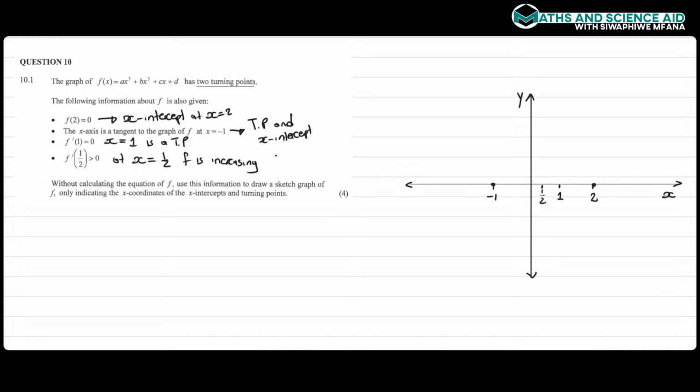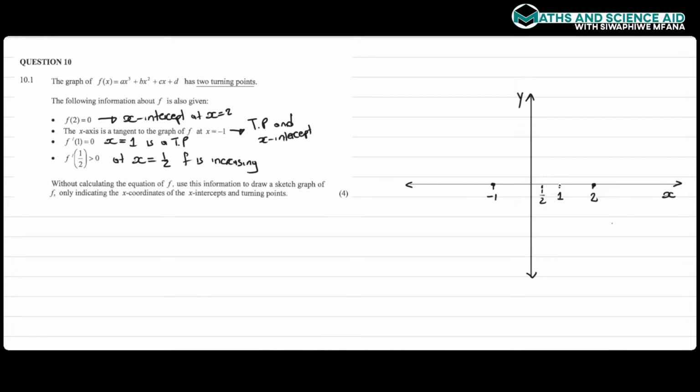Now let us try to put this all together. So I think it's actually going to be the same shape as that graph we were looking at previously, because firstly, we know that here we've got an x-intercept, right? So our graph is going to pass through x equals 2.